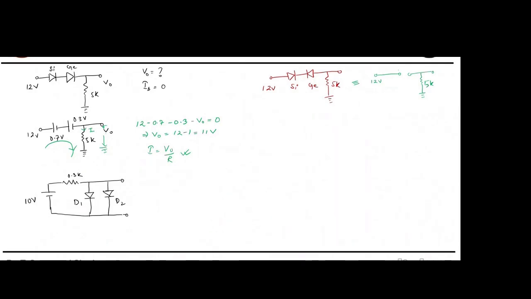Even in silicon, there can be some difference in the characteristic. So until and unless it is mentioned in the question that they are not identical, you can assume that they are identical. Fine.